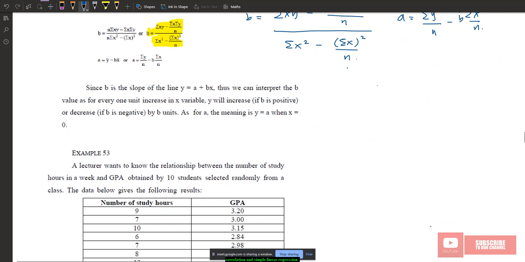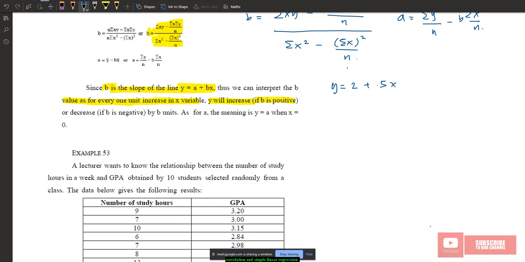Since b is the slope of the line y equal to a plus bx, we can interpret b as follows: for every unit increase in the x variable, y will also increase if b is positive. For example, let's say y equal to 2 plus 5x.